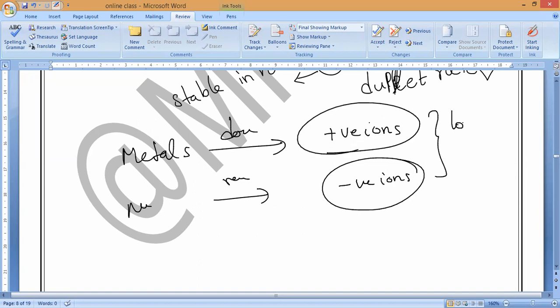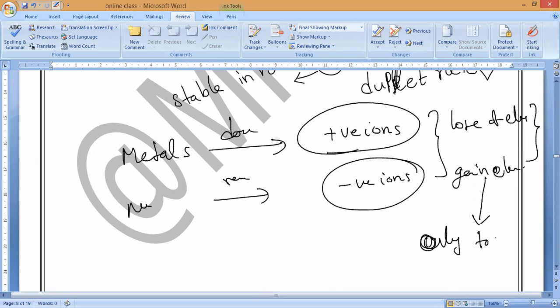Here is loss of electrons, and here is gain of electrons. Both loss and gain happen only to become stable in nature. That is the only reason behind it.